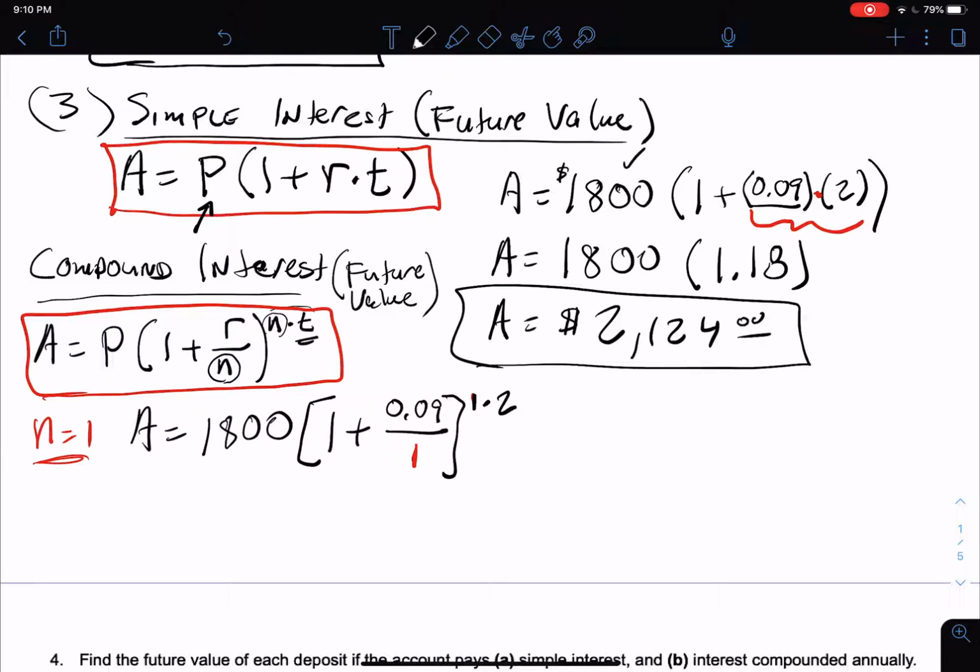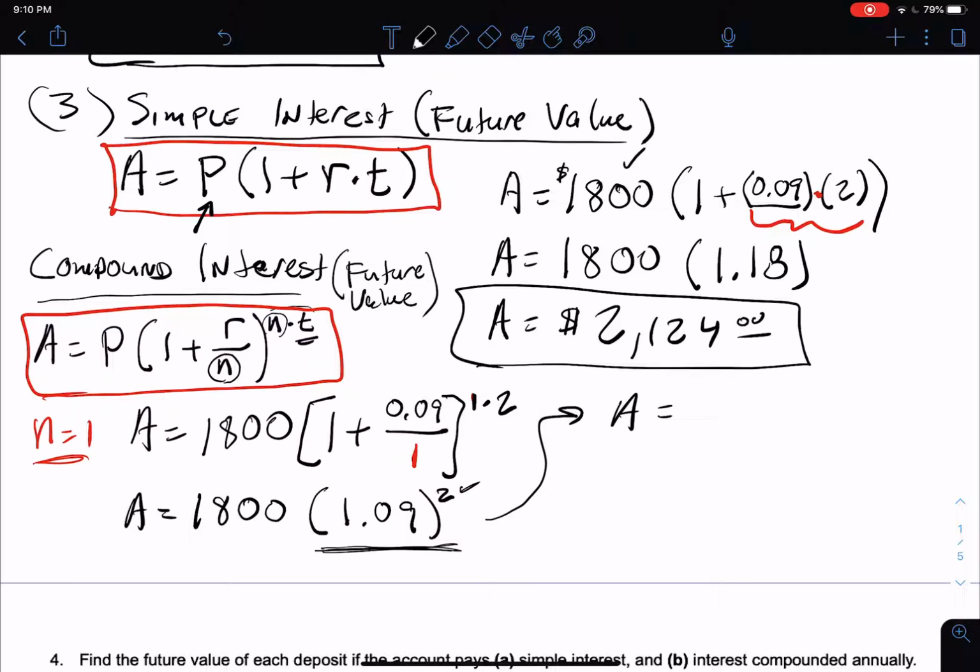So if you want to simplify this, you'd have to divide first, which is just going to be 0.09, and then add 1. So what this looks like is 1,800 times 1.09 raised to the second power. Of course, we always do exponents first before we multiply, so you have to do the exponent, 1.09 raised to the second power, and then after you did that, you would multiply. So I'm just giving you a little more information.